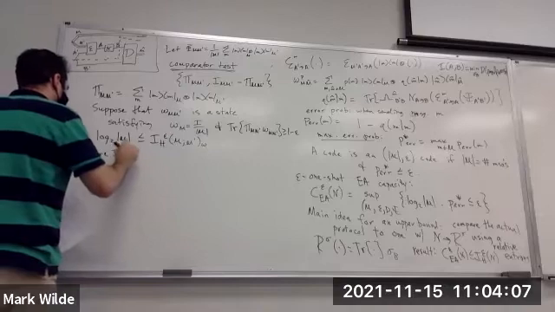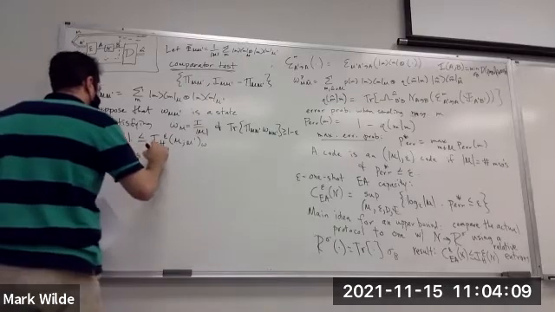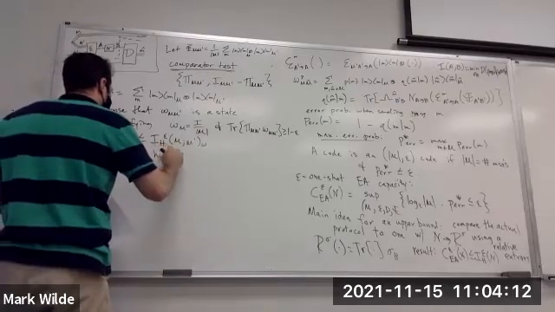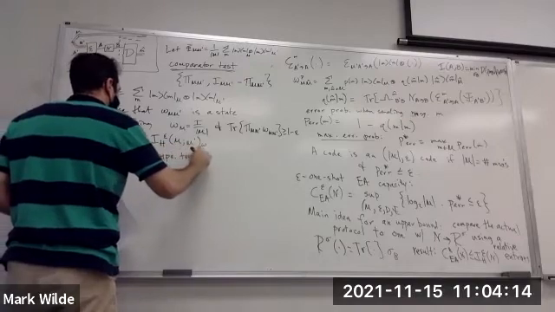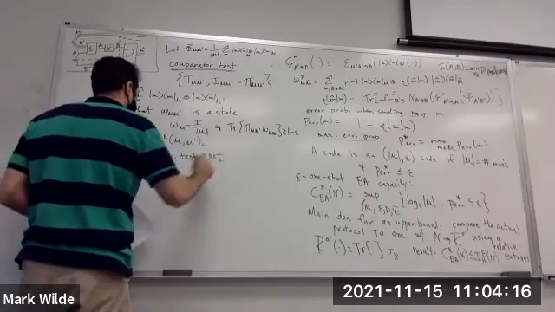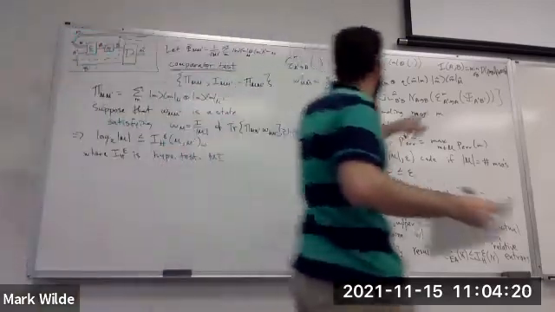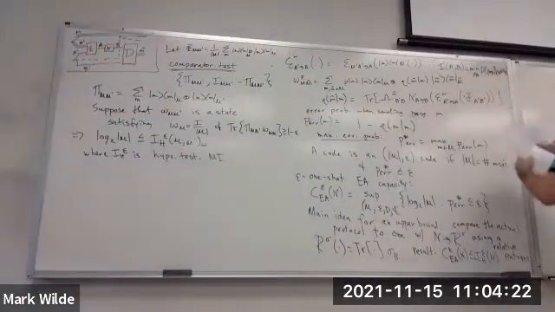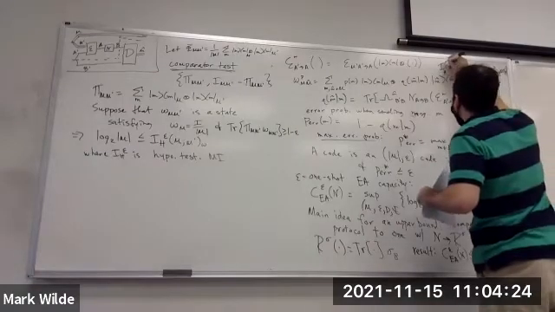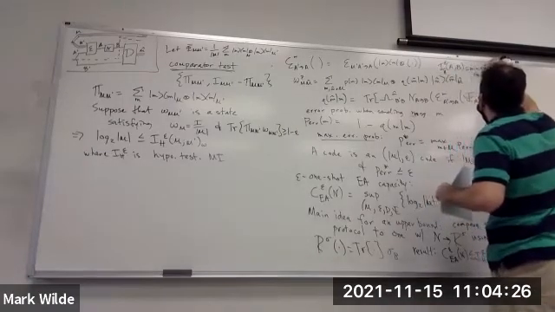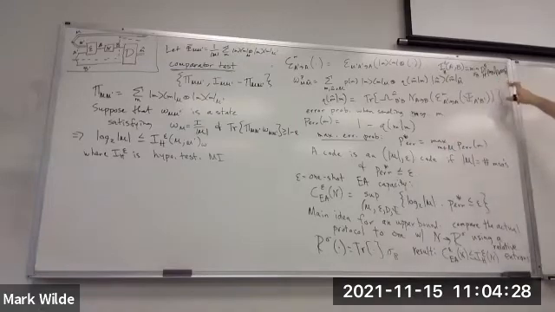I'm just going to put some abbreviations. Hypothesis testing mutual information. And how is this defined? It's defined exactly like this. Why don't I just write it here? That's how it's defined for a bipartite state.